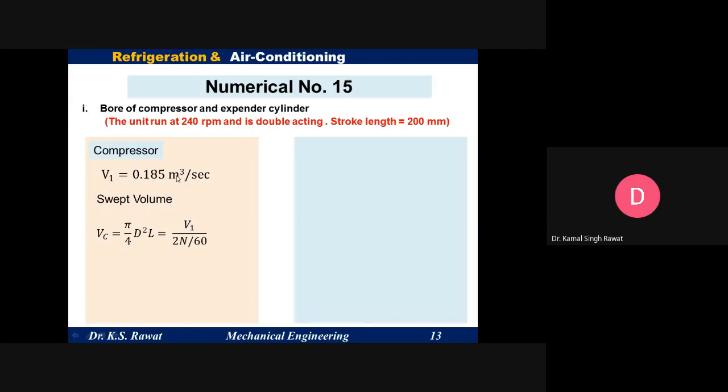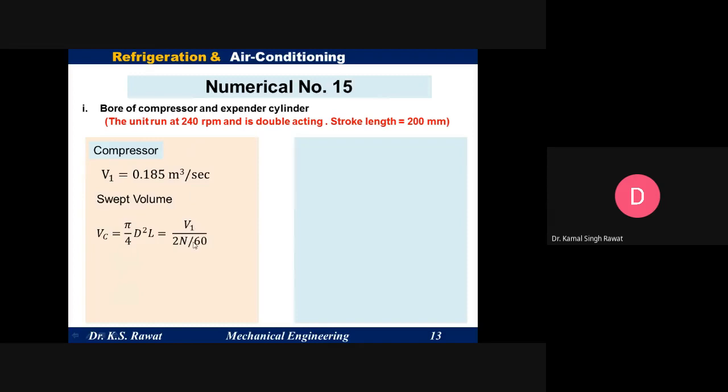So if we divide V1 by N, but N is RPM, revolution per minute, we have to convert it into revolution per second.